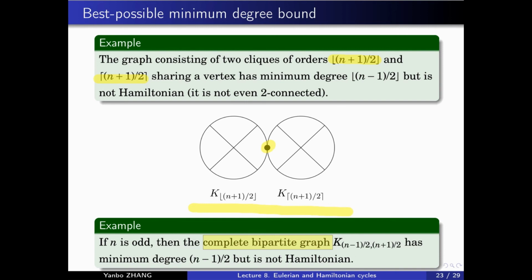If n is odd, then the complete bipartite graph with one part having (n minus 1) over 2 vertices and the other part having (n plus 1) over 2 vertices has minimum degree (n minus 1) over 2, but is not Hamiltonian, because we have known that if a connected bipartite graph is Hamiltonian, then the two parts must be of the same size. From these two examples, we see that the minimum degree bound n over 2 is best possible.